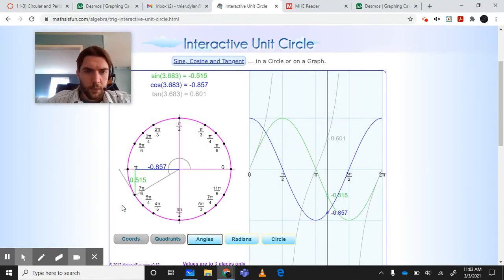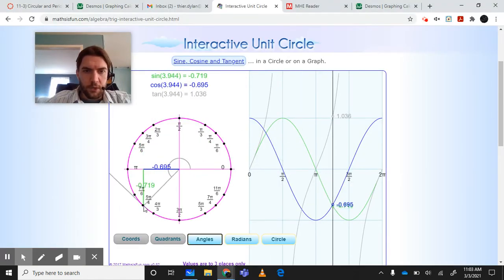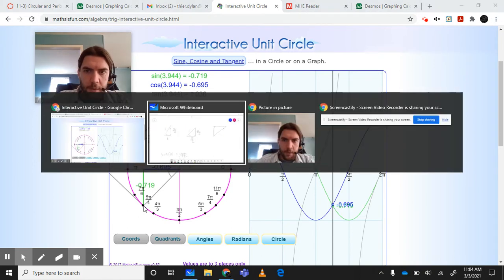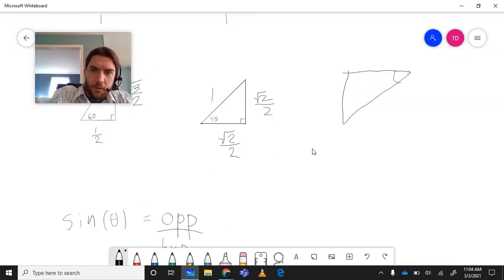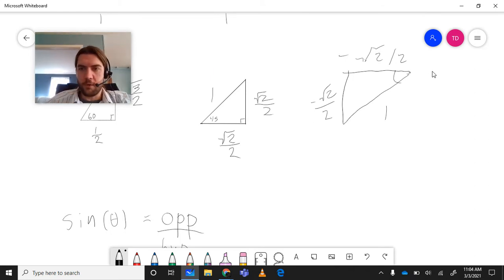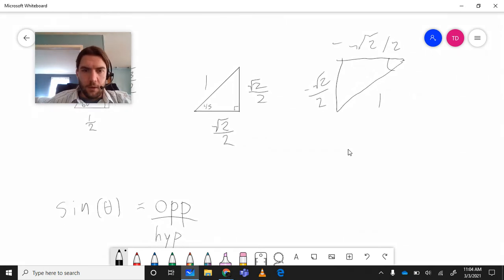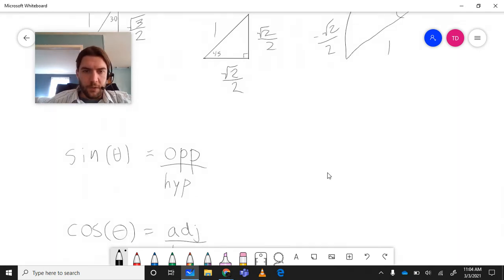So my x value and my y value should both be negative. So I should be thinking about negative root 2 over 2 and negative root 2 over 2 over here, because I've moved all the way over to where the angle is pointing down to the left. So let's think about all of our functions.